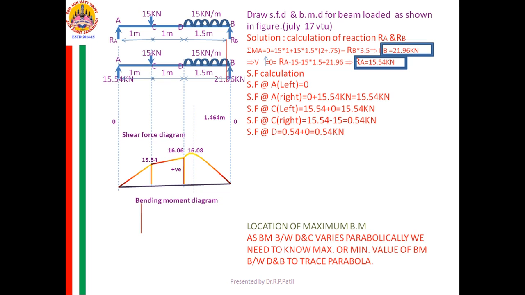Here, if you consider the right side part, only one force is there, that is 21.96. It will be easy for you, but already I have done till the D. The same I want to continue. Therefore, what I need to do? Already 0.54 is there with me. What is the new that I need to see? What is the new between D and B? That is UDL.